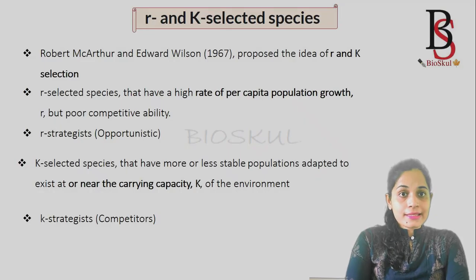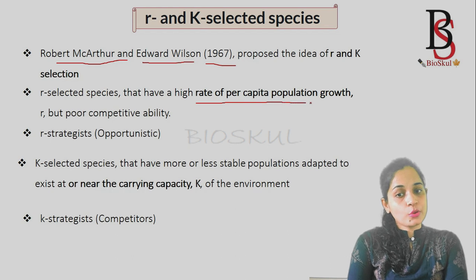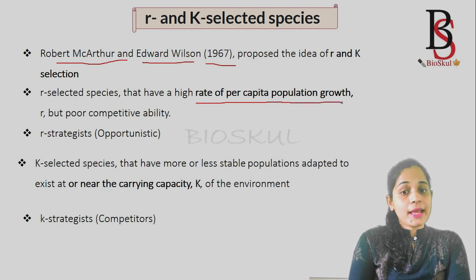The R and K selection idea was proposed by Robert MacArthur and Edward Wilson in the year 1967. So what are R selected species? R selected species have a high rate of per capita population growth, but they have poor competitive ability.